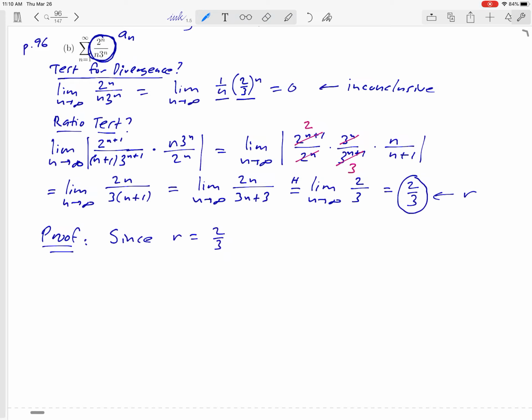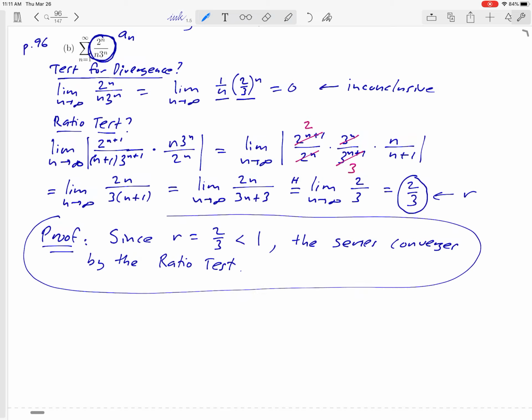All we really have to mention is we calculated r, got 2/3, notice that that's less than 1, and that fact alone is enough to tell us that this series converges. And with that we are done.